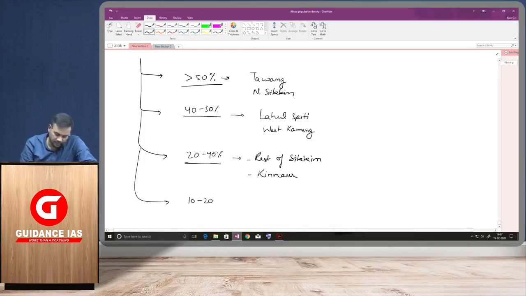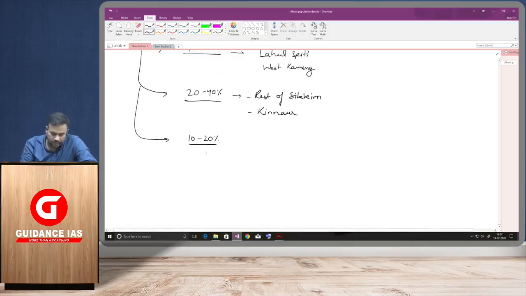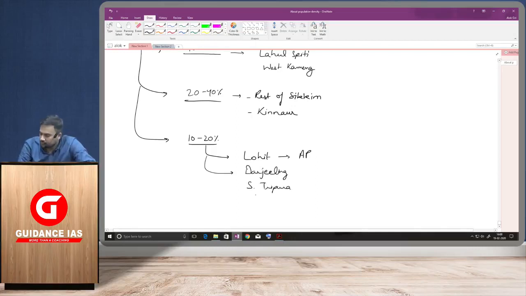Then there were areas where the concentration was between 10 to 20%. In this group, there were areas like the Lohit district of Arunachal Pradesh, and other areas like Darjeeling, South Tripura, and another area. Now comes the area of Maharashtra.